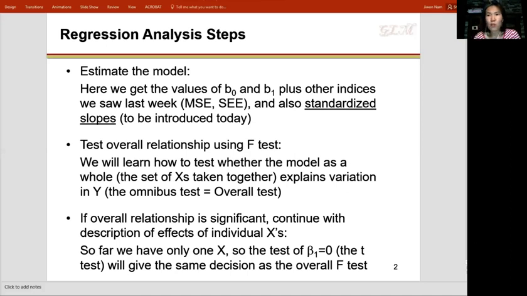A single slope test is called t-test. Model test is called F-test. They give the same decision as the overall F-test because in single variable regression we have only one single variable. So the t-test result is going to be the same as the F-test result. But as I said, generally speaking, the t-test is not going to be the same as the F-test.